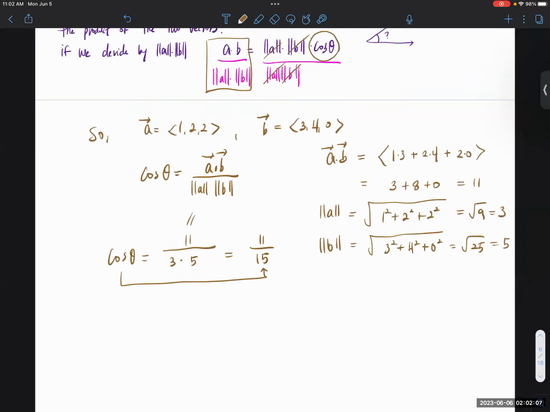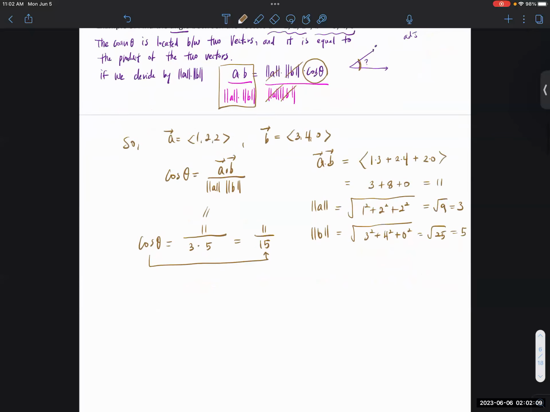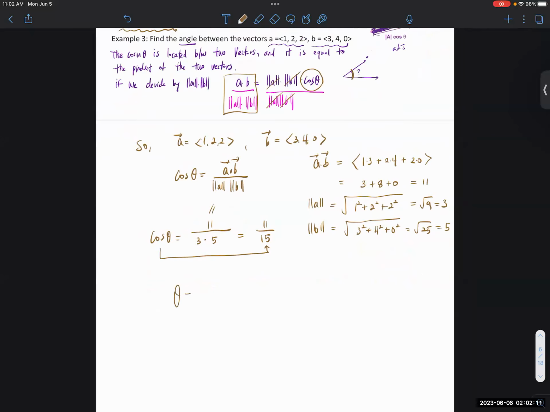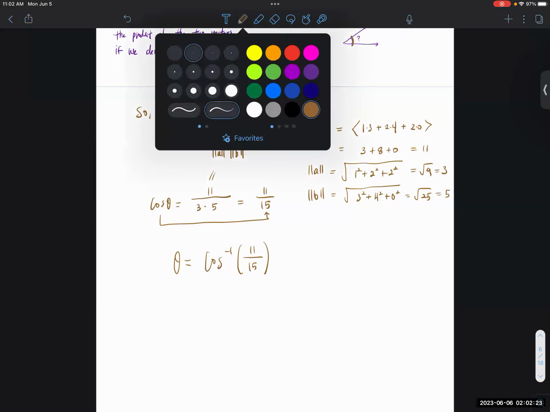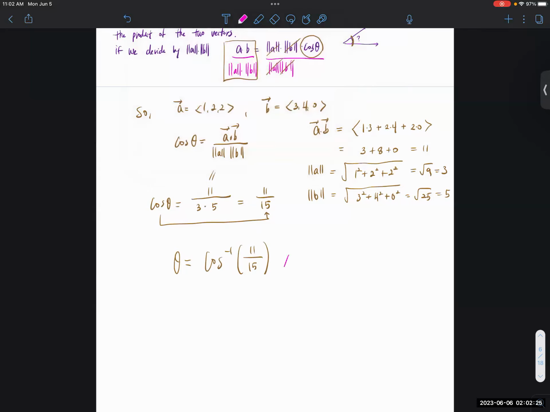I want to find only the theta angle. So we can use the inverse cosine of 11 over 15. This is going to be in radians. If you calculate this, I want to convert it to degrees.